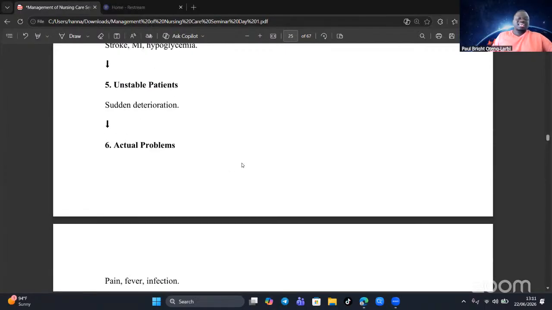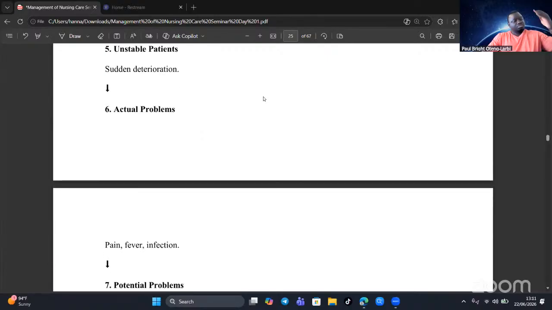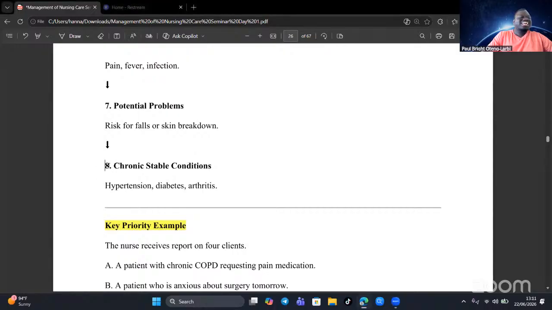So if you take the AMASA, ABC, and it goes like that. So please take note. Always chronic stable patients are the last. They are the last on the scale. So when you see those answer options, don't even waste your time on it. Concentrate on the other answers. Chronic stable patients are always the last on the scale.